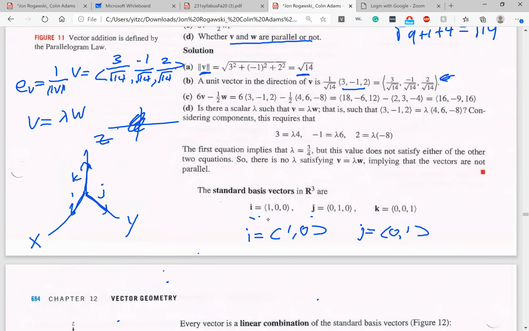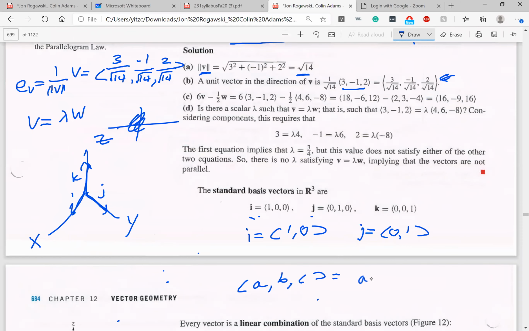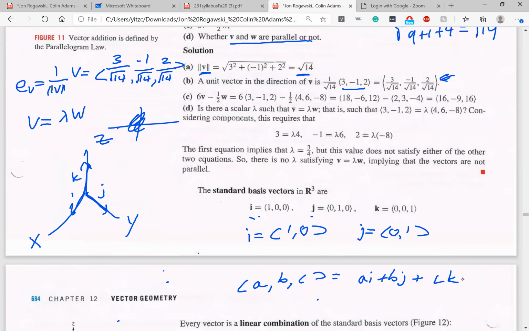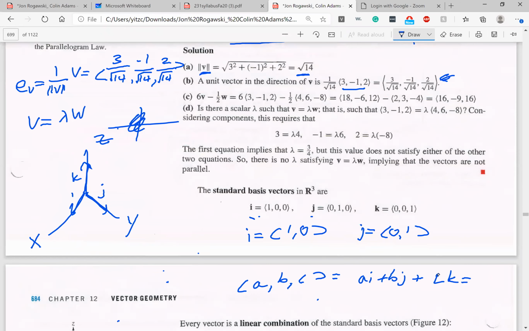And so every vector, like before, the vector A, B, C is equal to AI plus BJ plus CK, right? Because same thing we did before. We're going to have A times 1, 0, 0 plus B times 0, 1, 0 plus C times 0, 0, 1.